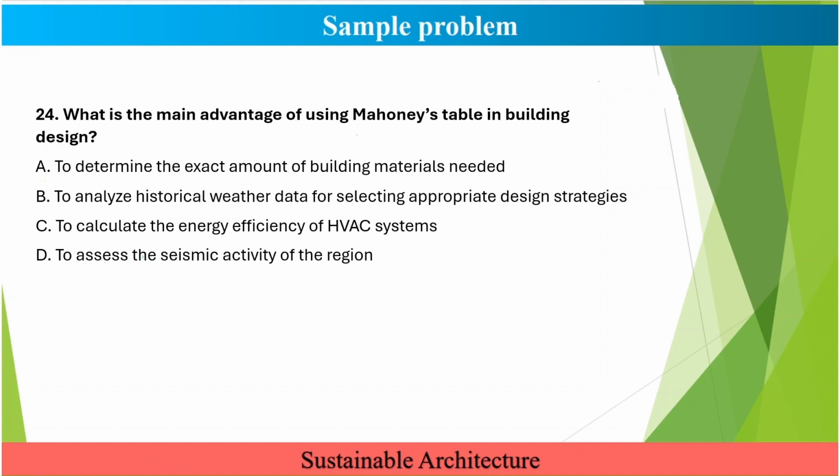All of you try to give an answer based on your understanding from lecture number 17. Whether it is beneficial for determining the exact amount of building material needed, or calculating the energy efficiency of the HVAC system, or assessing the seismic activity of the region, or analyzing historic weather data for selecting appropriate design strategies for the particular location.